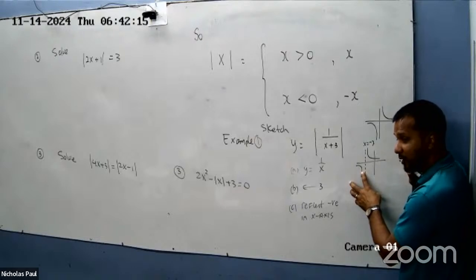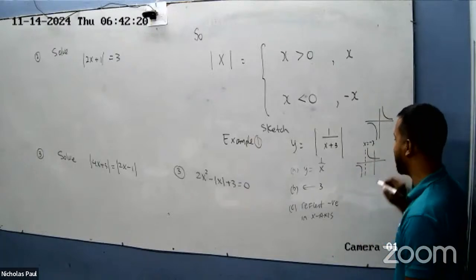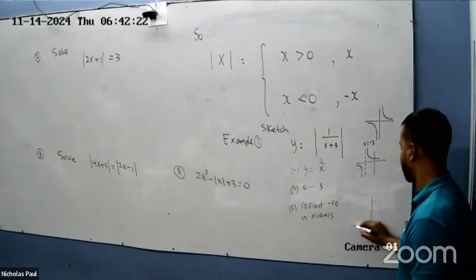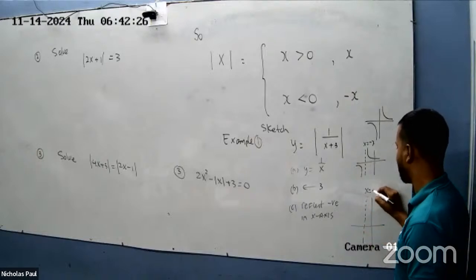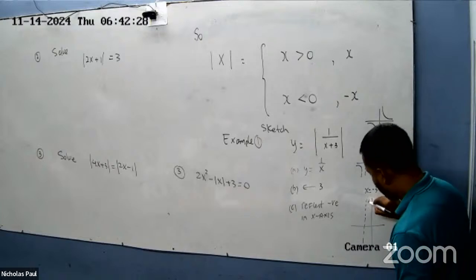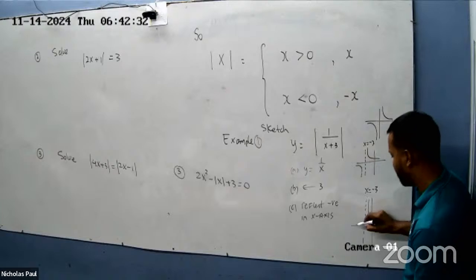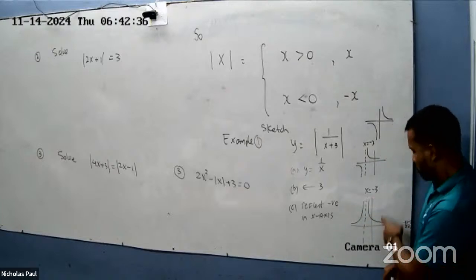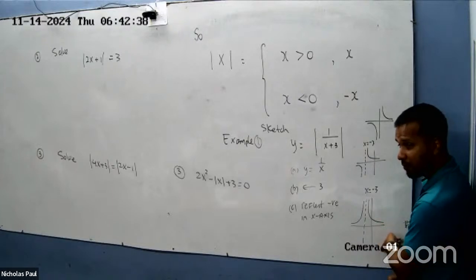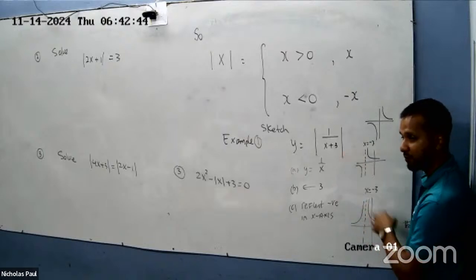You're seeing the negative parts. So you're reflecting the negative part up here. What about this? Do I have to reflect it down here? No, because it's modulus. Only the negative part becomes positive.